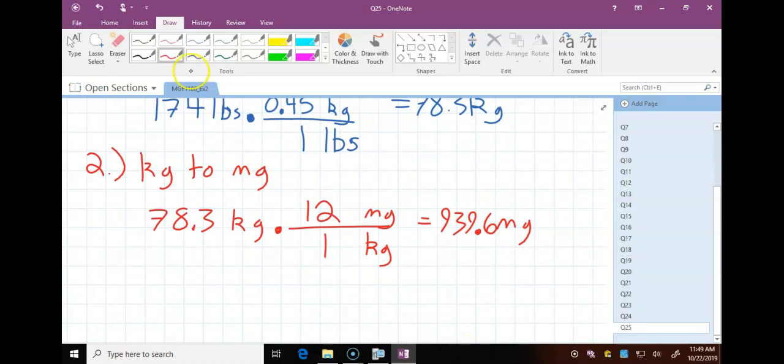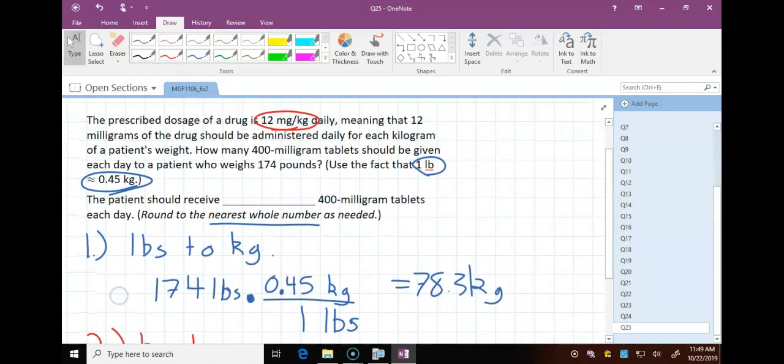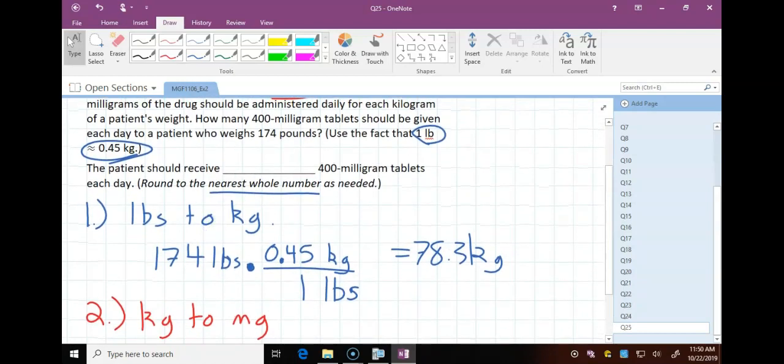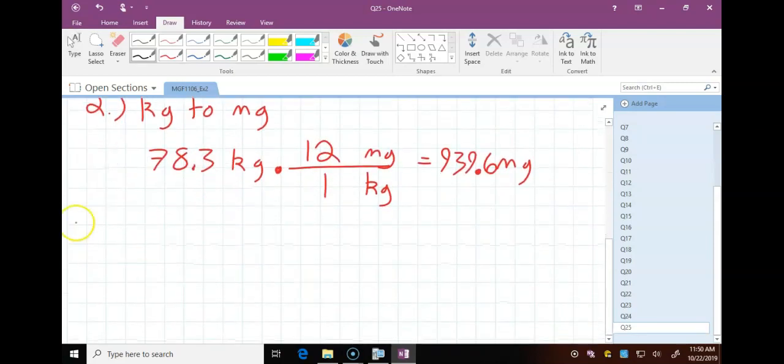Now, last piece, that's where the 400 is going to come involved. Our tablets come in 400 milligrams. So I need to see how many of those 400 milligram tablets that should be, and we'll round accordingly. So step 3 is you're going to figure out the number of tablets.